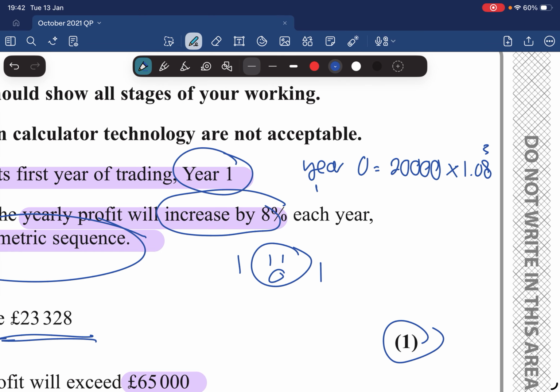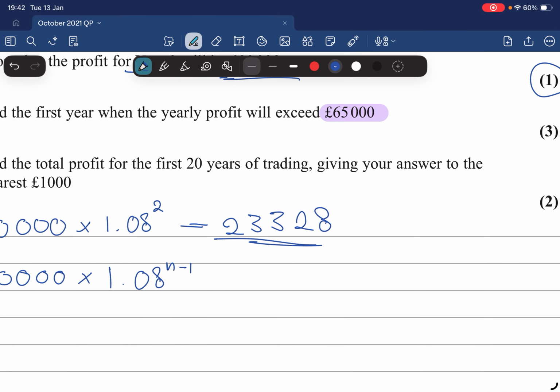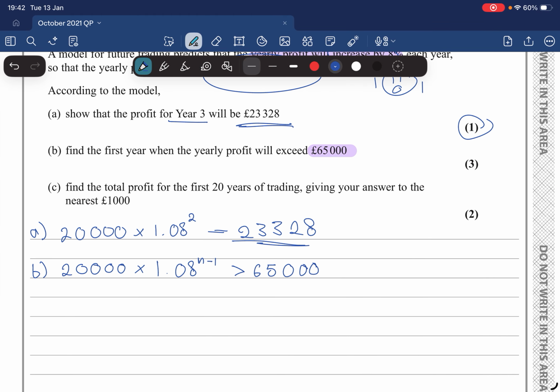But no, it's year 1. So it's 20,000 times 1.08 to the power of n minus 1, because it's already finished the first year. They want it greater than 65,000.